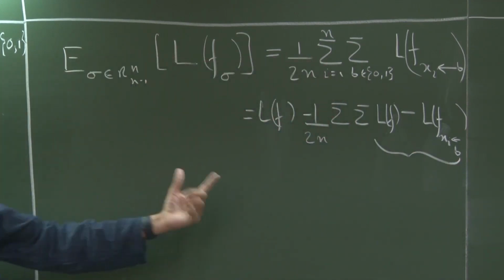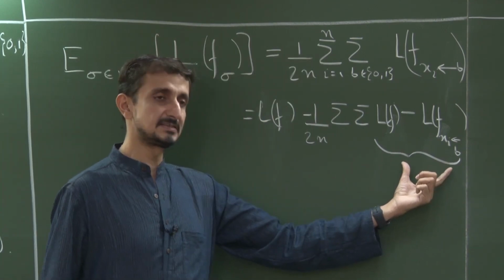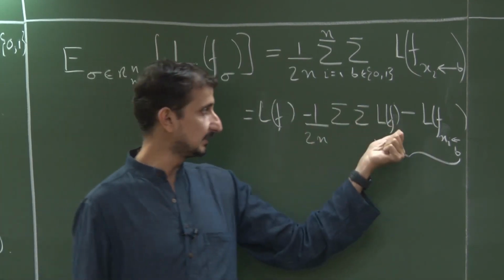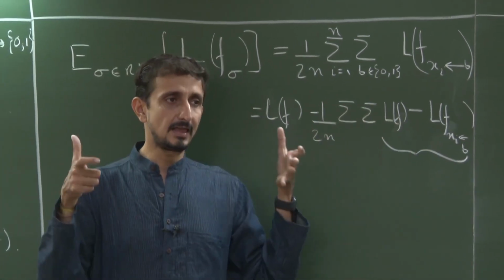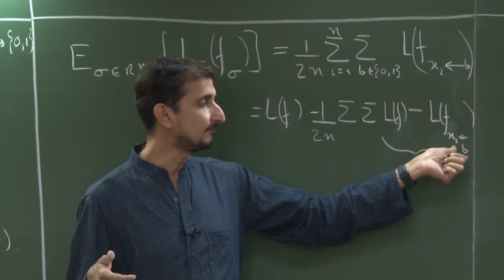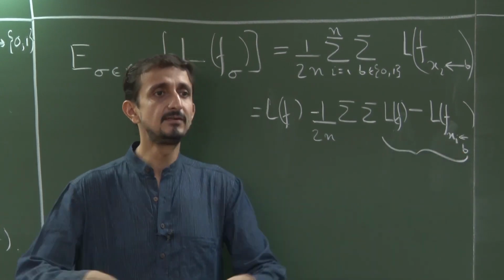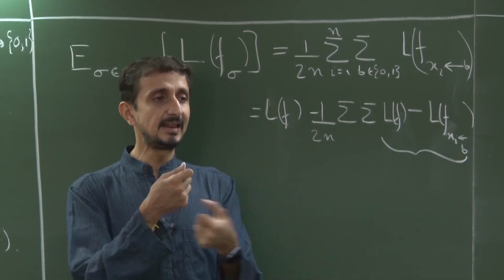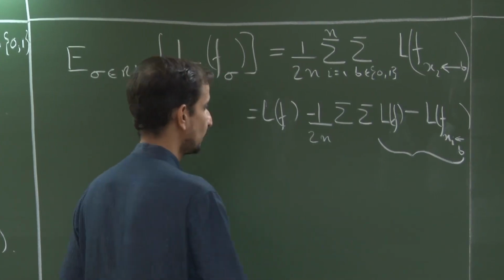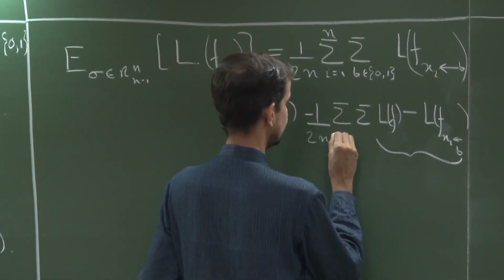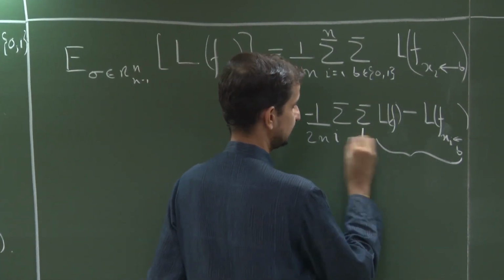Okay. So, let us try to understand what this means. What this means is that if I take the formula for f, and if I take some variable xi and if I give it some value b, then basically what I would like to estimate is a little more than that. This is over b.